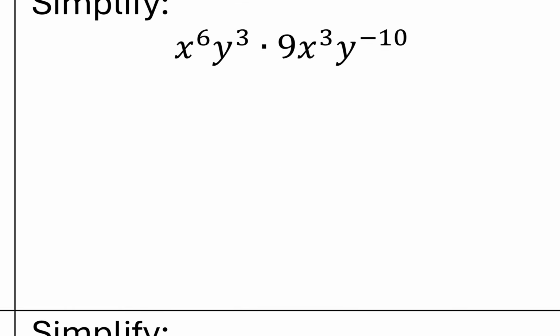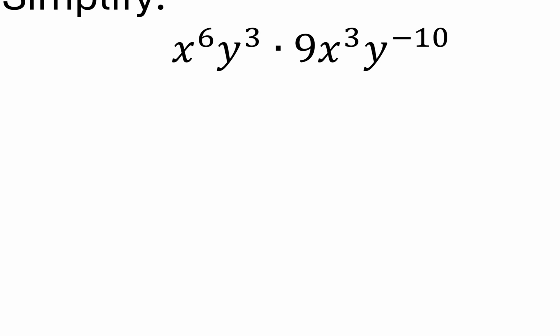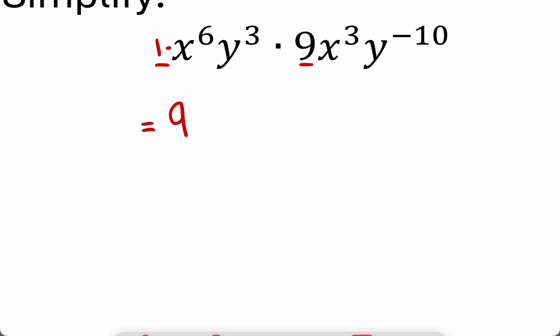For the next one, before we do that, we multiply the coefficients first. So that's a 1 right there. So we have 9, and then for the x's, I have x to the 6th times x to the 3rd. That's going to be what? x to the 9th. Then for the y's, I have y to the 3rd and y to the negative 10.